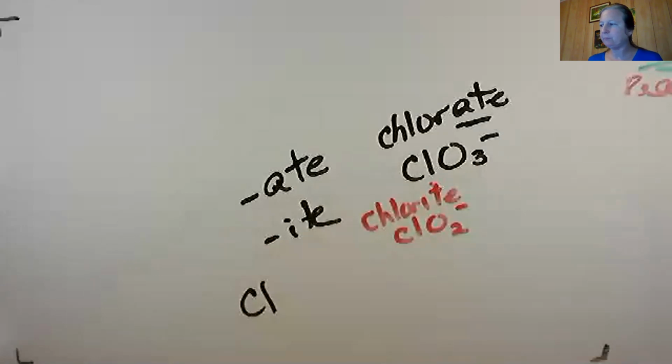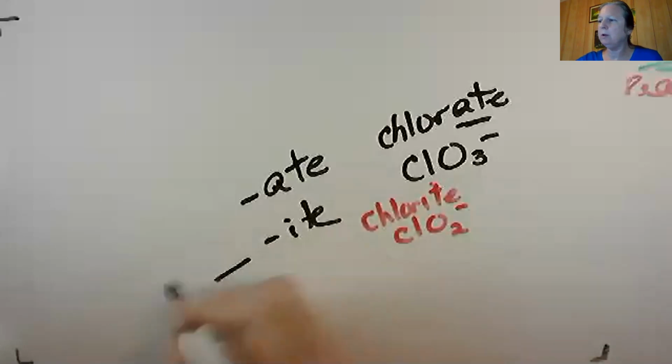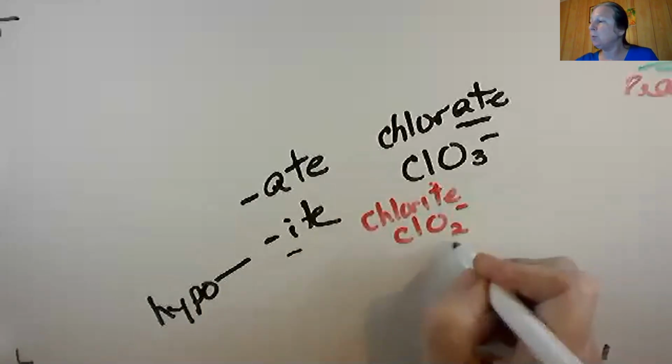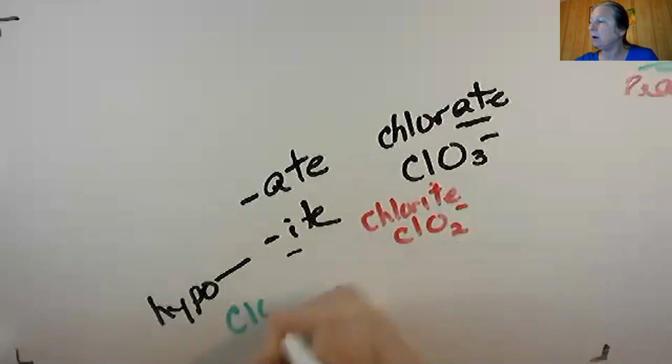All right. What if I lose 1 more? It happens with this guy. If you lose 1 more, you're going to keep this ending, but you're going to add hypo to it. So if I lose 1 more, what have I got? I got ClO.